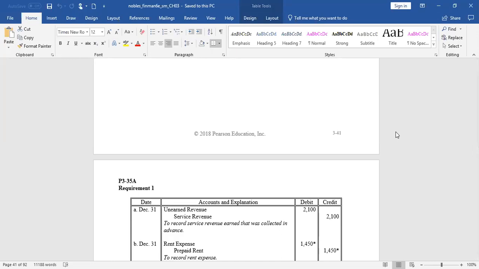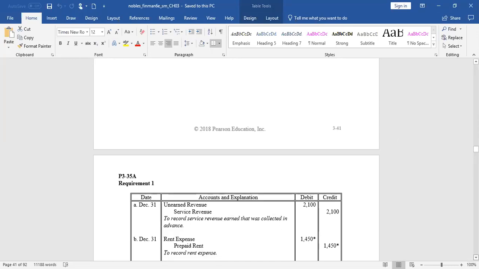Now, if you've noticed here in this problem, compared to the one we did on Zoom the other day, they told us how much office supplies were left in the closet. Here they're telling us straight out, they've used $750 of their office supplies.